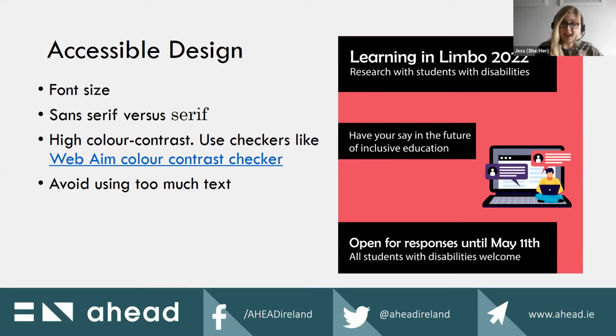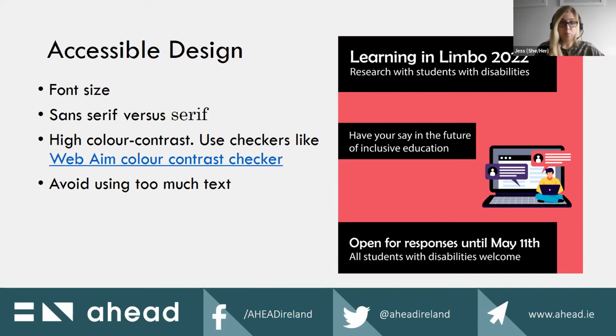So I would say err on the side of caution, try to use sans serif fonts like Calibri or Arial or Verdana. So any kind of sans serif font I would always opt for, unless you're using a huge font size and you particularly want to have a difference in your fonts. But I would say err on the side of caution there.